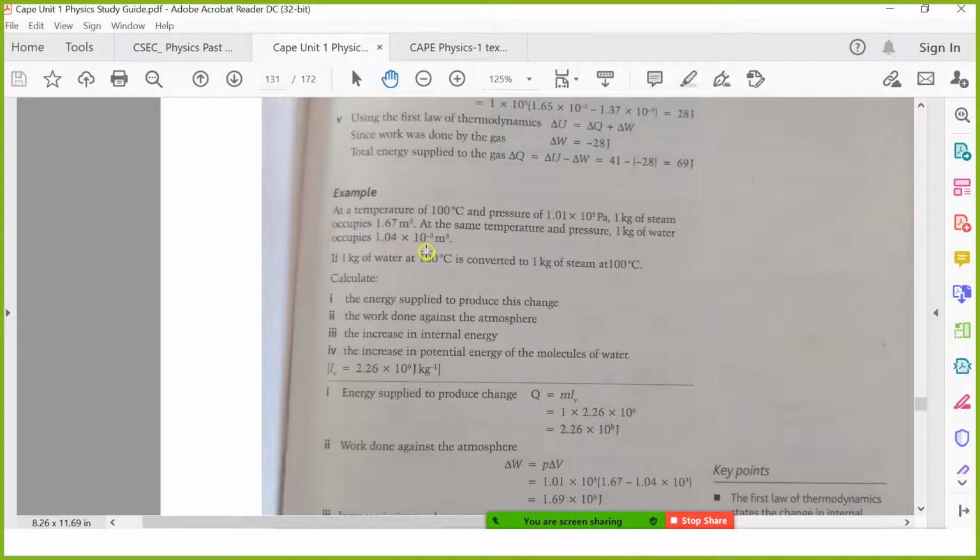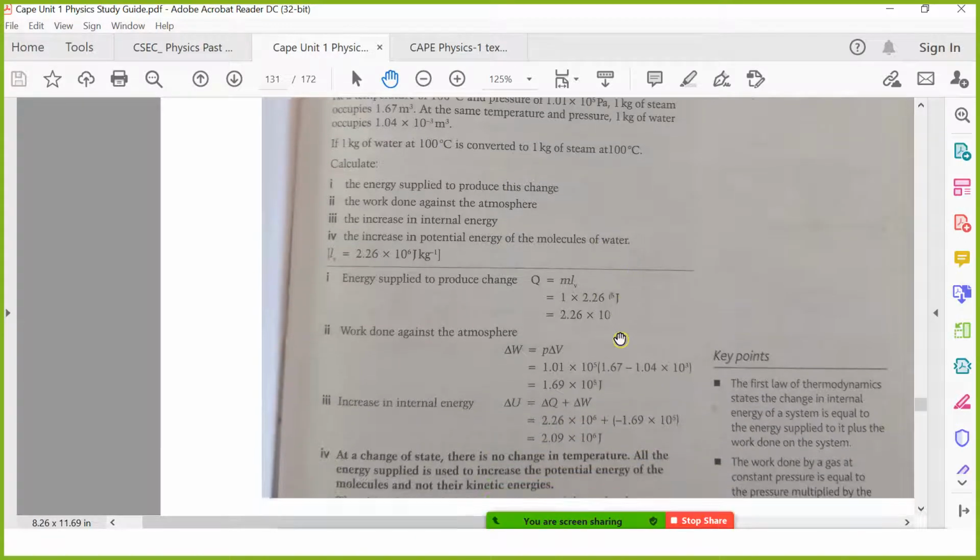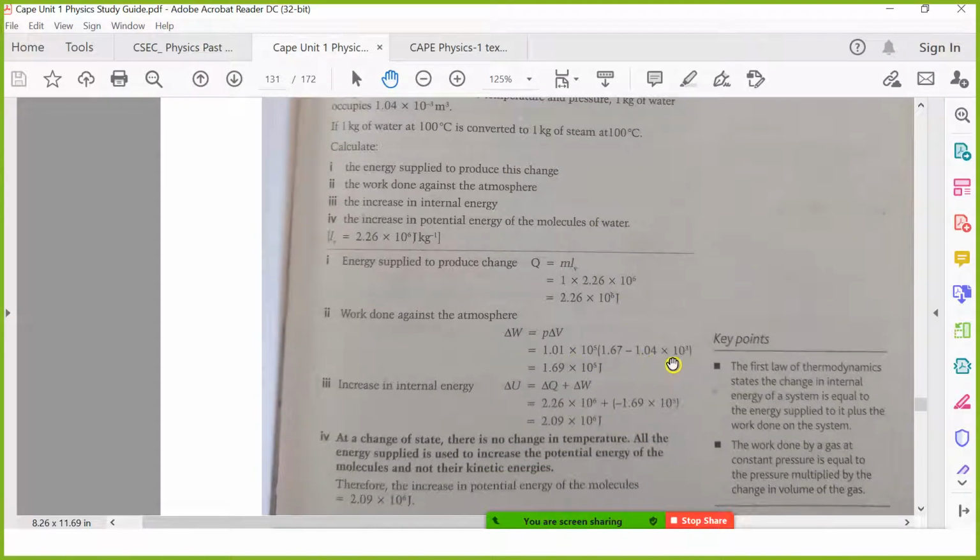In this they gave us that the volume is 10 to the minus 3. But as soon as you reach down to the calculation part, you realize that you're not seeing 10 to the minus 3, you're seeing 10 to the positive 3, right? So there's something obviously going on right here. You see what I mean?